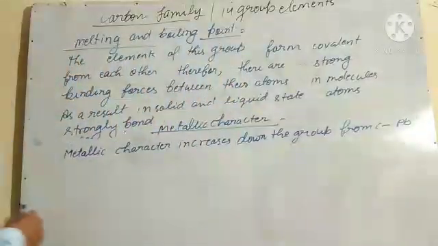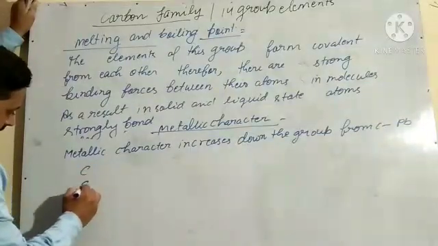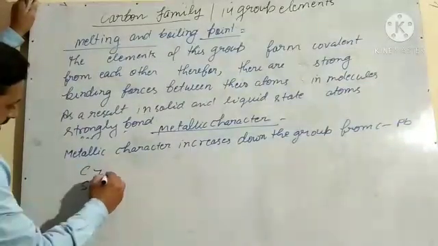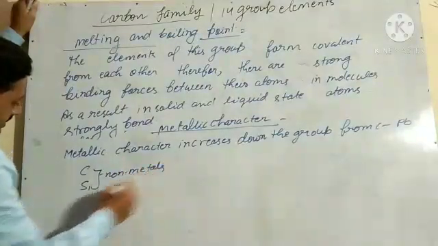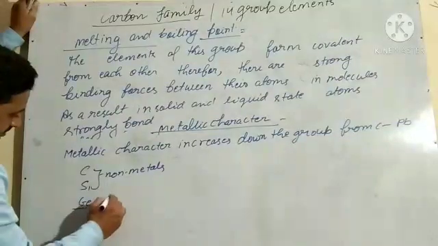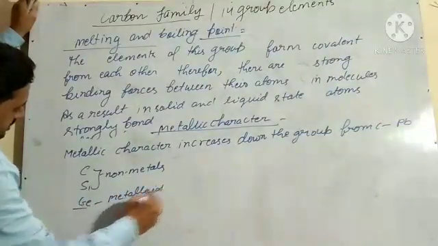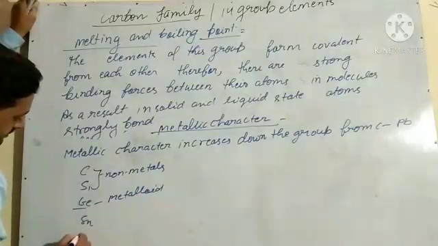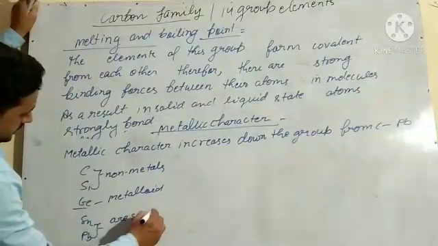Carbon and silicon are non-metals. Germanium is a metalloid. Tin and lead are soft metals.